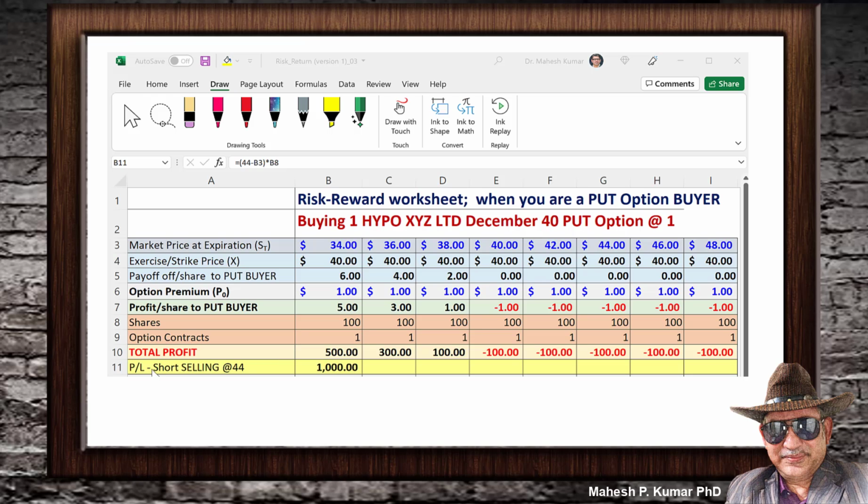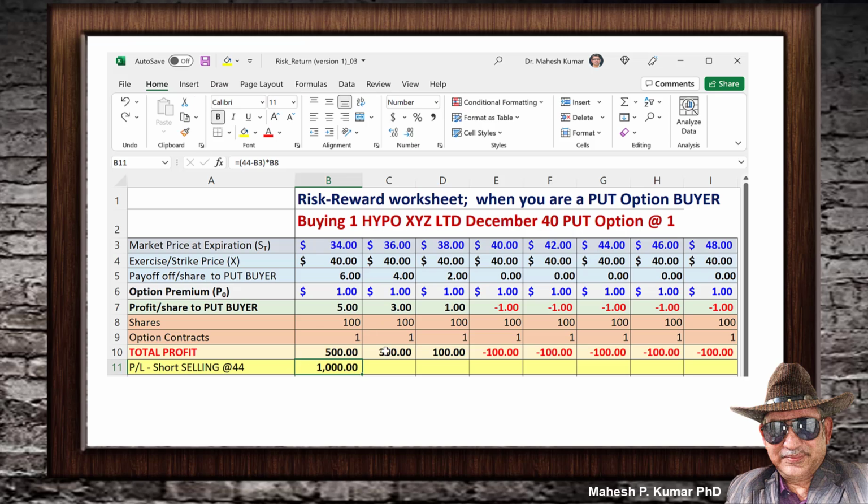Now let us extend our discussion to one more point: what is your profit or loss if you had shorted the stock at $44? So if you had shorted the stock at $44, it means you had sold it, and later on you are expecting that price will go down and then you will buy it, right?